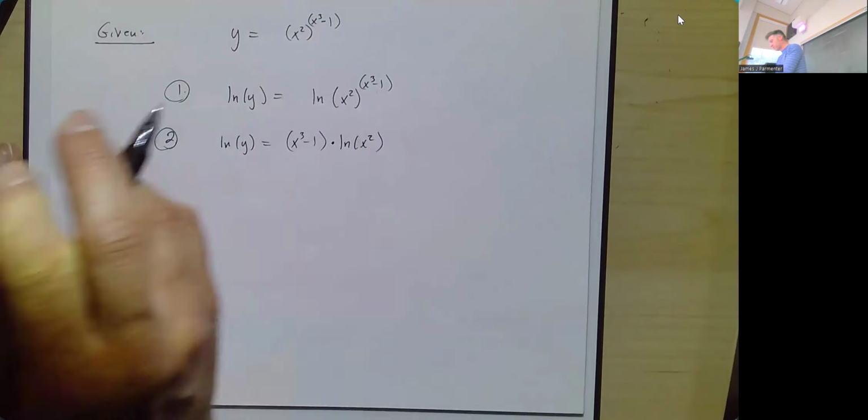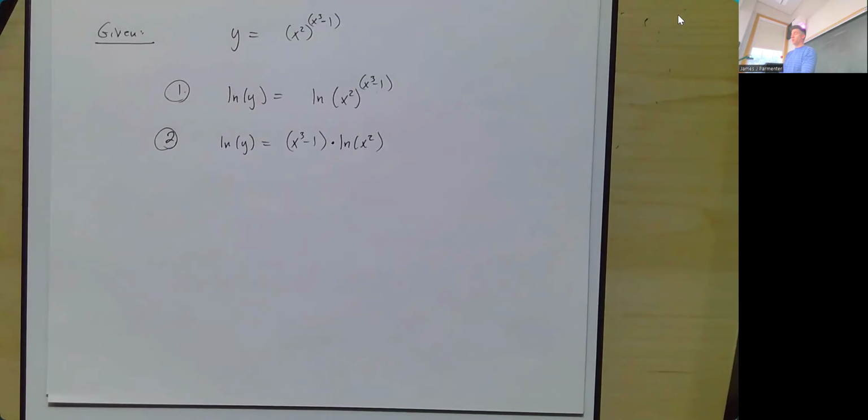x squared. And normally, at this juncture, I would then start taking the derivative of both sides. But what else could I do that would make this even simpler? Yeah, I can also bring down the 2.